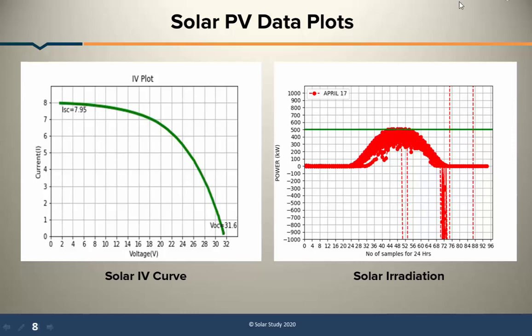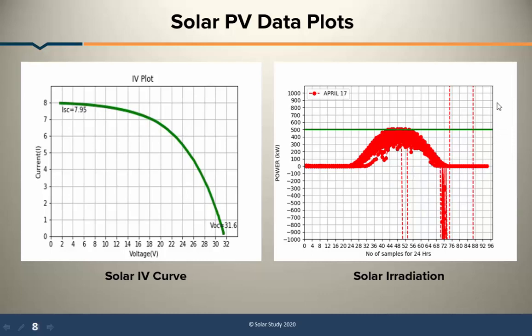Also similarly, suppose I am getting solar irradiation data, and I want to plot it over a month. At that time also I can use Python pandas. See, in this irradiation data, I am getting the solar radiation from morning to evening.